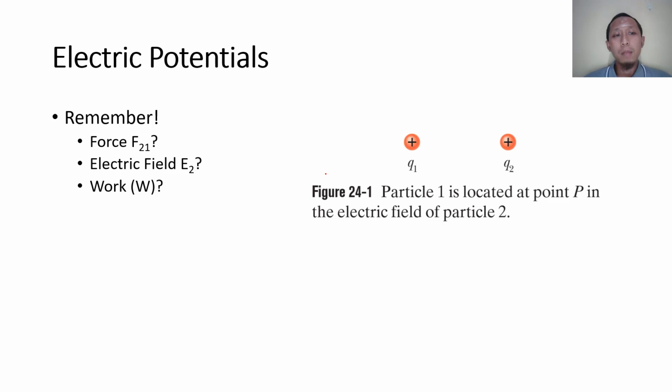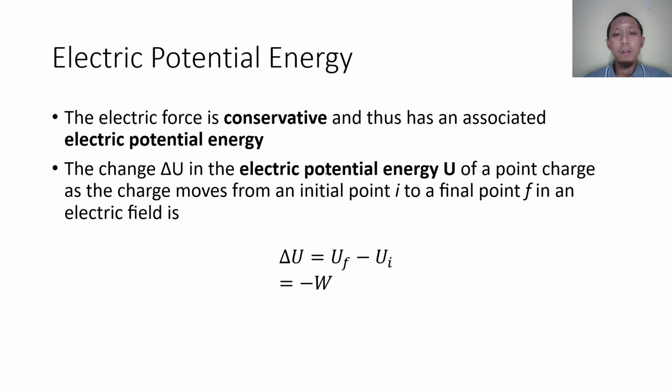So remember, we have to remember force, electric field, and work. So it's like particle 1 is located at the point P in the electric field of particle 2. Electric force is conservative and thus has an associated electric potential energy. So the change delta U in the electric potential energy U of a point charge as the charge moves from the initial point to the final point of the electric field.